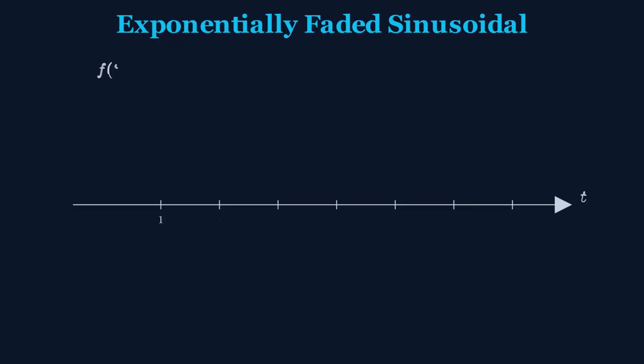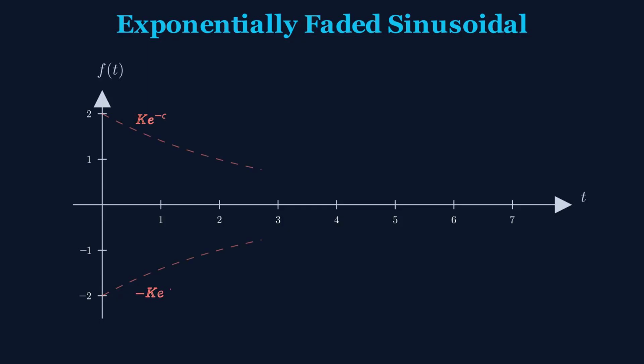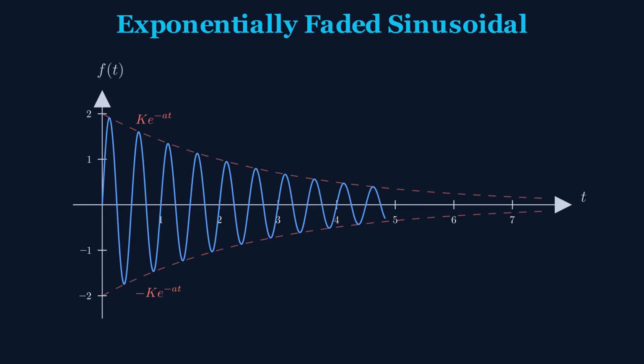Our third signal type combines both concepts, the exponentially faded sinusoidal. It's defined as f of t equals k e to the negative a t times sine of omega t plus w0 times u of t. The sinusoidal part creates the oscillation, while the exponential term k e to the negative a t acts as a decaying envelope.